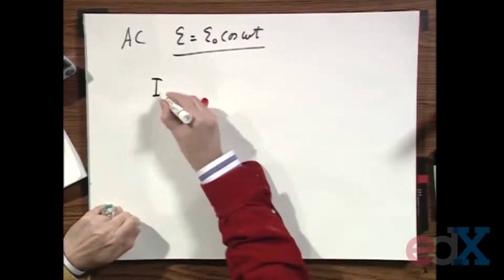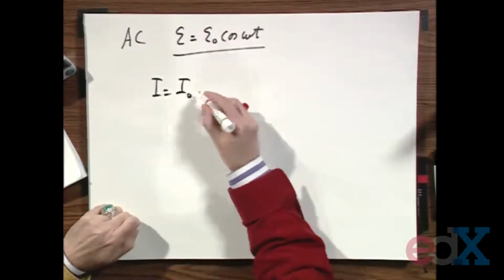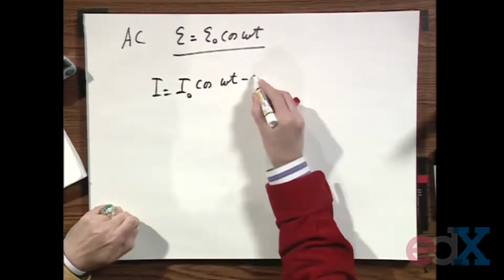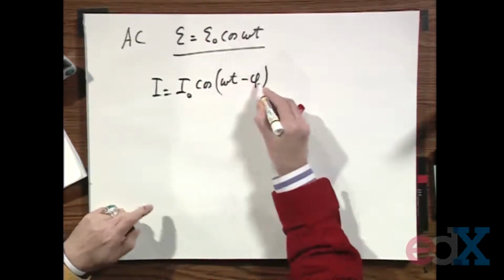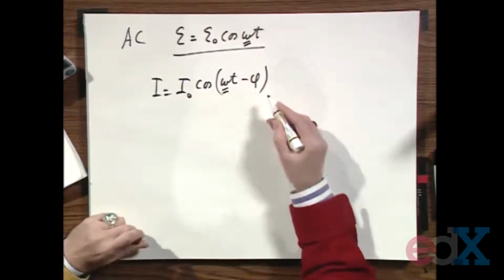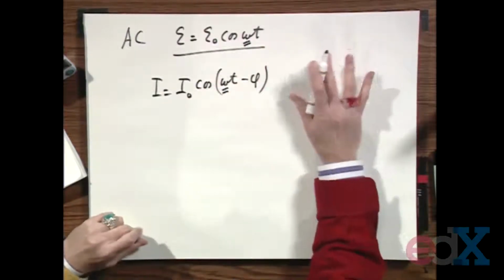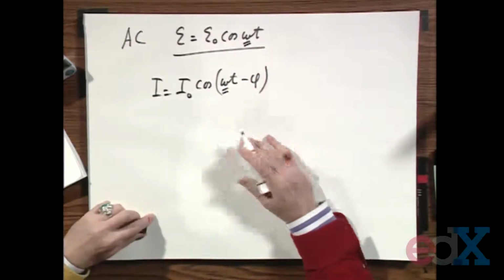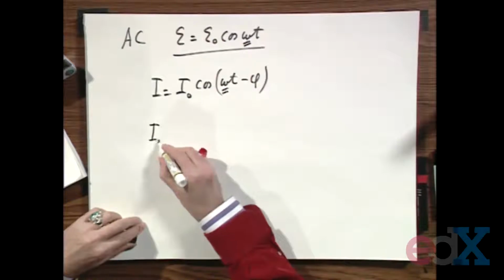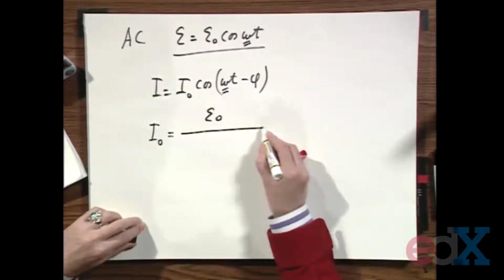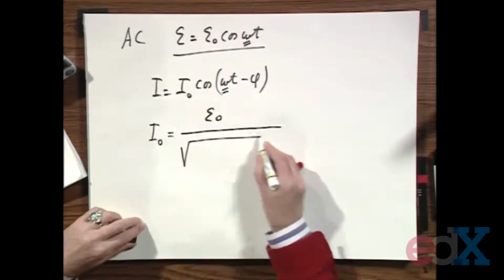So the current that will start to flow equals I0 times cosine omega t minus phi, we'll get back to this phi, and this omega is exactly the same as this omega, and it's completely independent of R, L, and C. I0, which can be derived if you solve the differential equation, is a little bit clumsy.